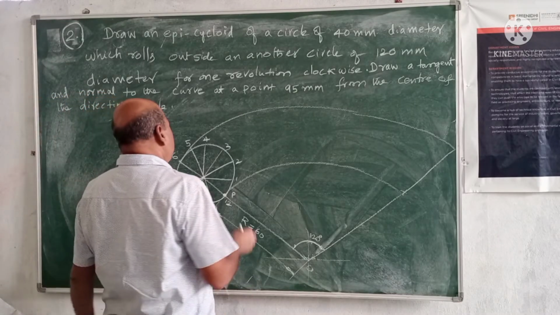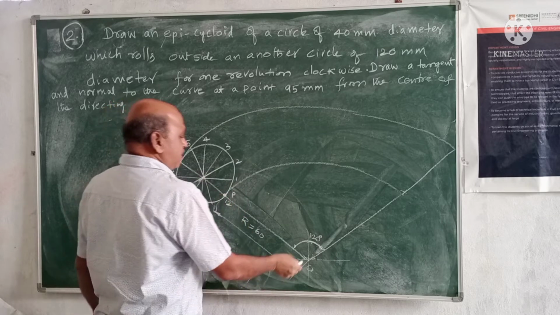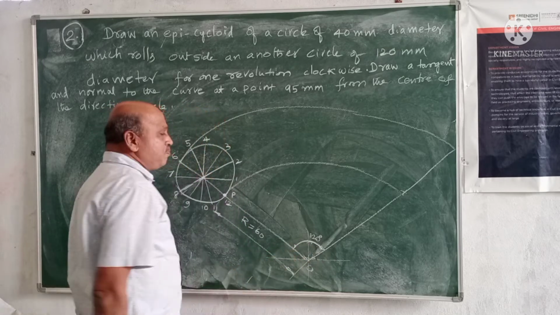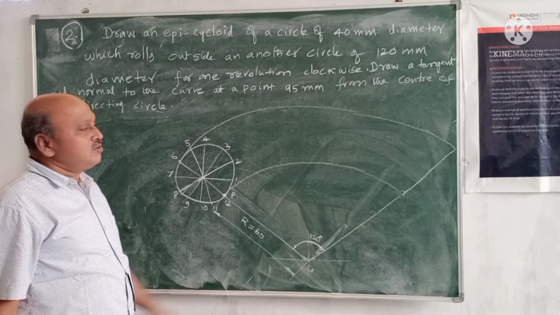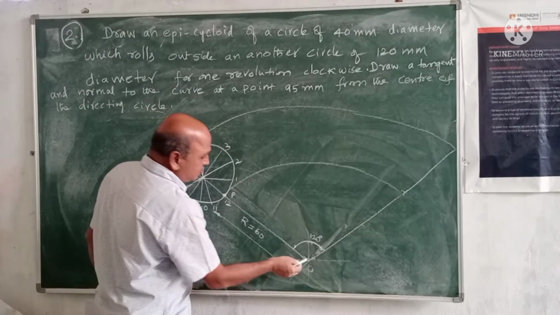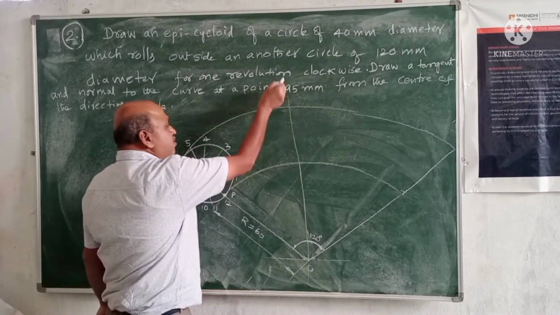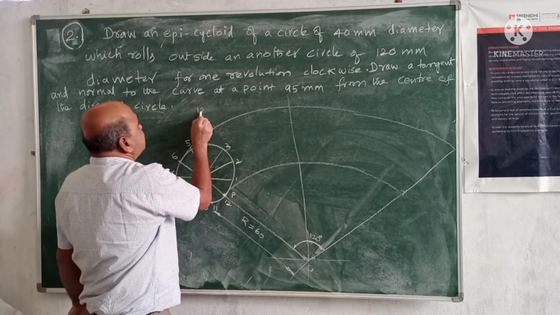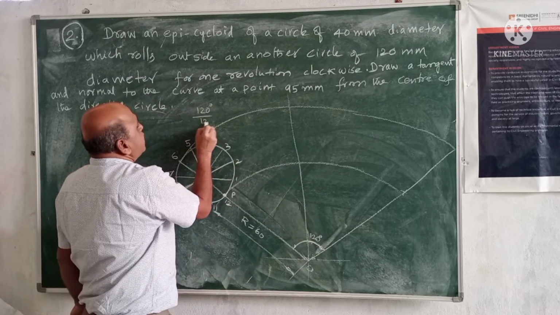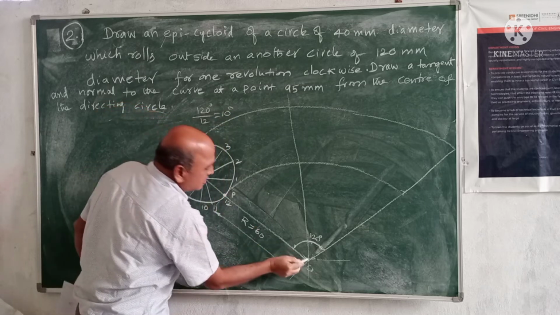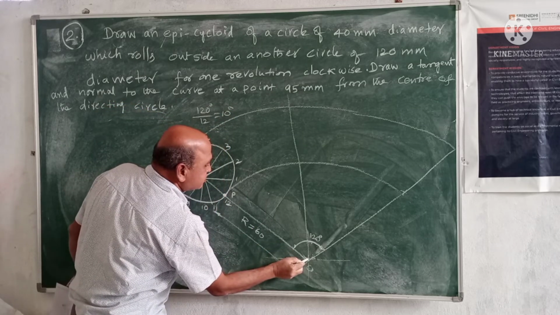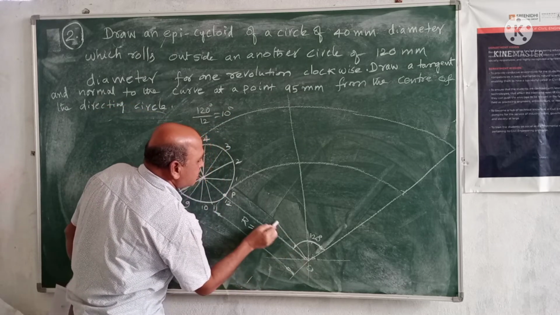So now we have to divide this 120 degrees into 12 divisions, because the circle is divided into 12 divisions. This also we have to divide into 12 divisions. So how are we going to have it? For every 10 degrees you can have the division. So this is the first division, like this.